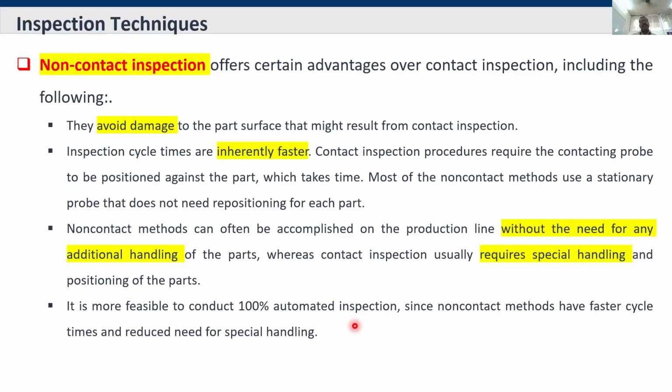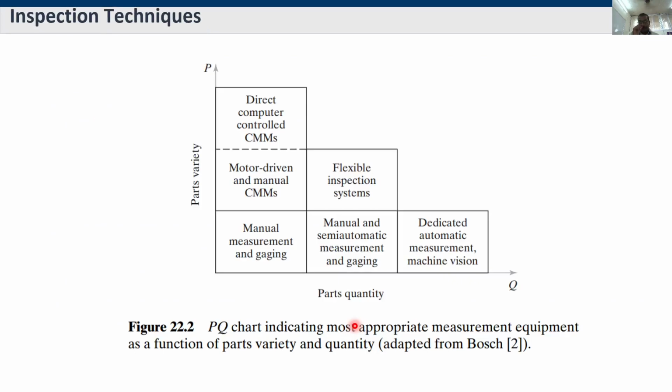So this is the basics about the contact and non-contact type inspection techniques. Then comparison. In comparing contact and non-contact, you will be using different methods: manual measurement, measurement using conventional metrology, or measurement using coordinate metrology.